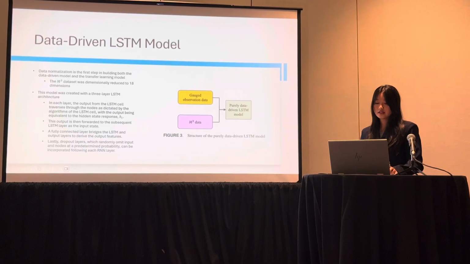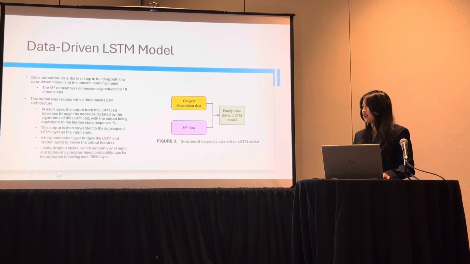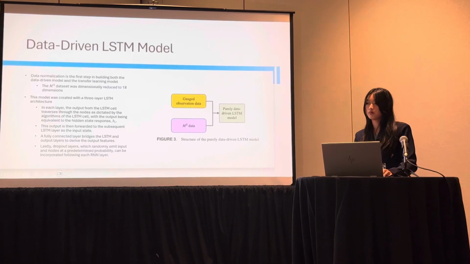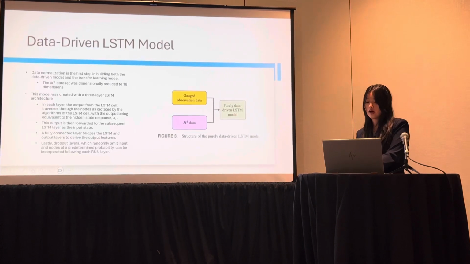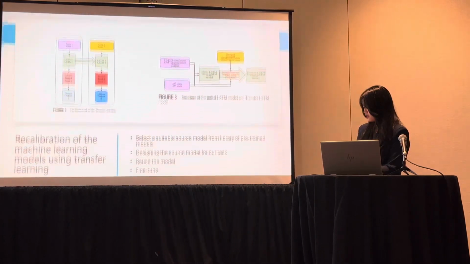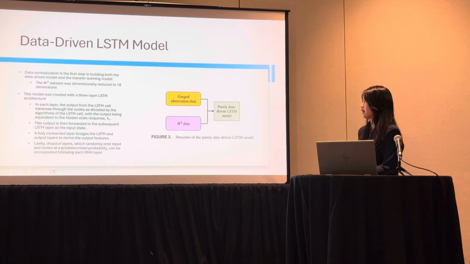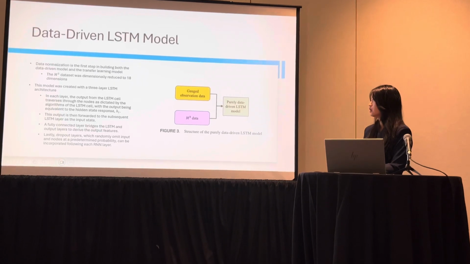And then a fully connected layer bridges the LSTM and the output features. Of course, the dropout layers will randomly omit input and nodes at a predetermined probability, and these can be incorporated in each RNN layer. So for us, in our purely data-driven LSTM model, we use gauged observation data and M-cube data to train it.